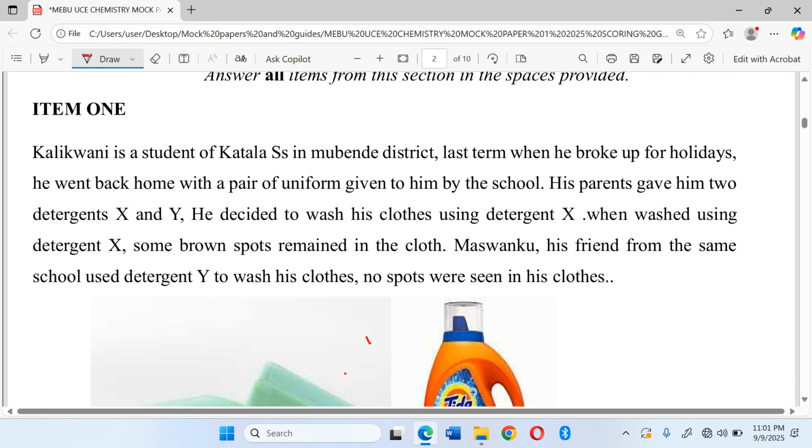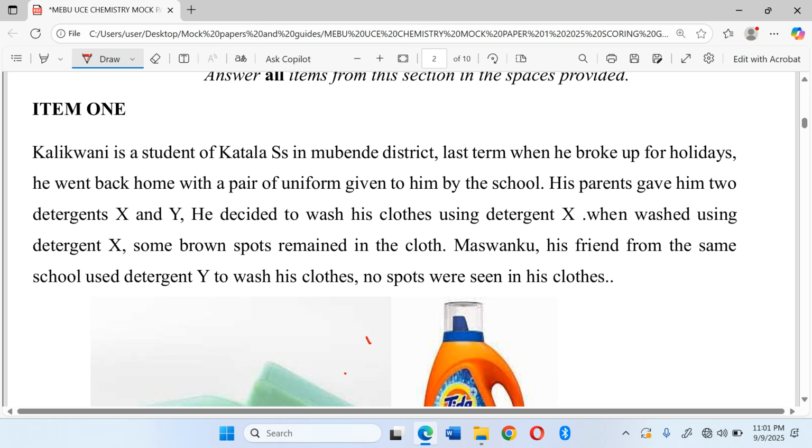Item number 1 says, Karikwan is a student of Katala SS in Mubende district. Last term, when he broke up for holidays, he went back home with a pair of uniform given to him by the school.